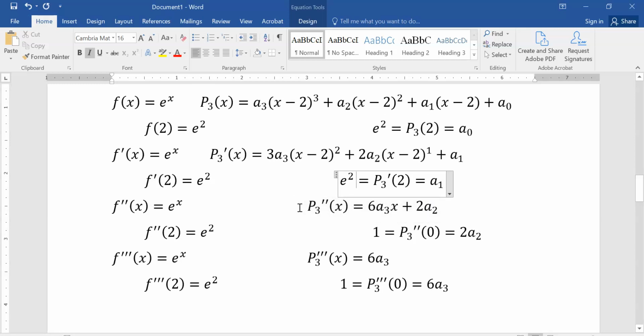You can do the very similar thing with the second derivative. Second derivative, 2 comes out front, 3 a3, x minus 2 to the first power.